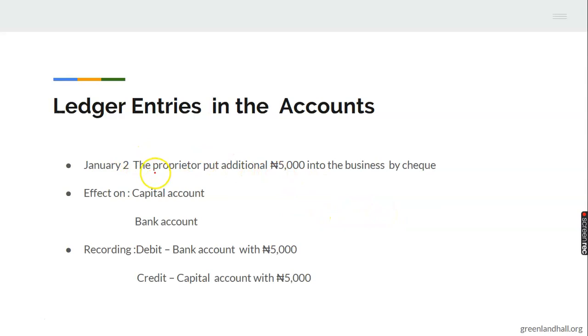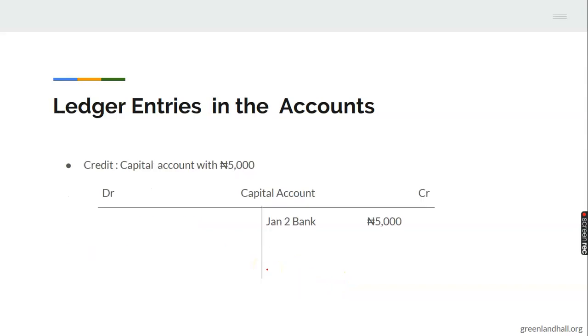On January 2, the proprietor put an additional 5,000 into the business by check. So the effect will be on the capital account and the bank account. In recording this, we are going to debit the bank account as the bank account is the one receiving the 5,000 naira, while we credit the capital account, which gave out the 5,000 naira that was lodged in the bank account.